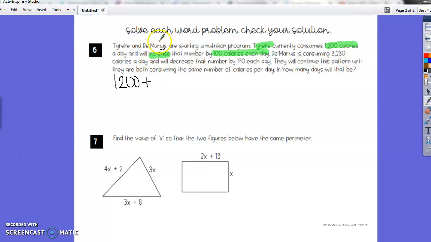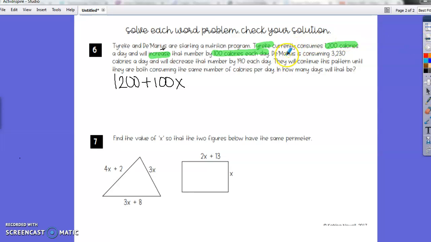So we're going to add. So increase we're adding to. Will increase by 100 calories each day. So 100 calories per day. So each day is like a number. And so since we don't know what that number is yet, we'll use X.